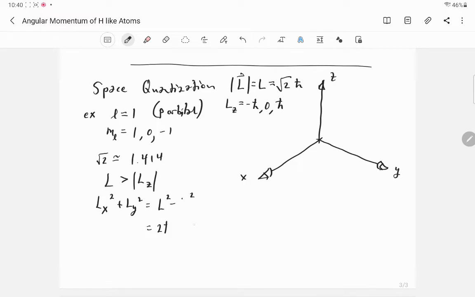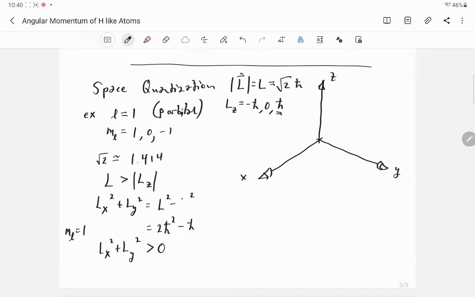So I'll be subtracting, for example, for m sub L equals 1, right? That's the case of L sub z equals positive h bar. You just have this. What I'm trying to say is Lx squared plus Ly squared is greater than 0.